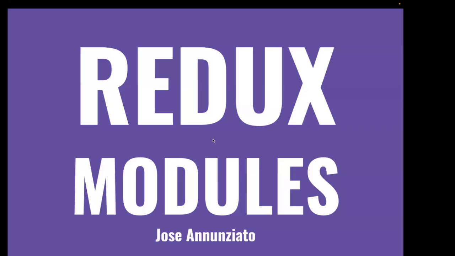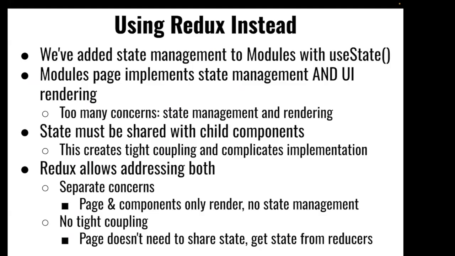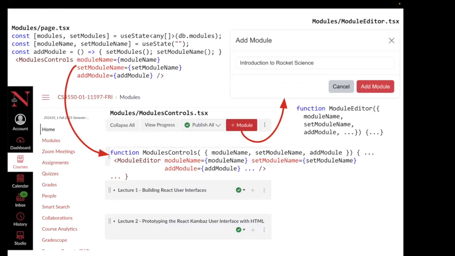Okay, so we saw how to implement CRUD operations within the modules page using local state. And now we can add modules, remove modules, update modules, and so on. But we saw that we had to share the state with other components.